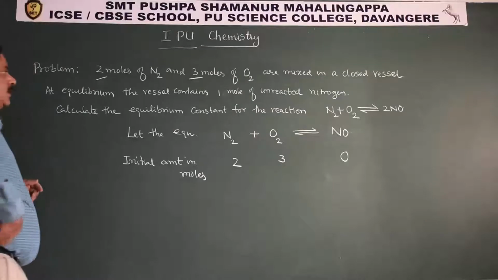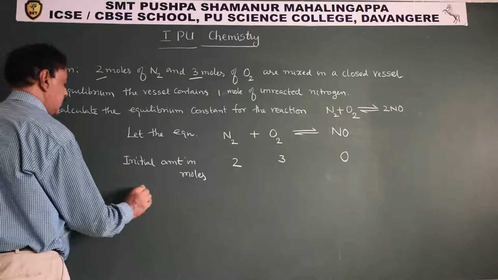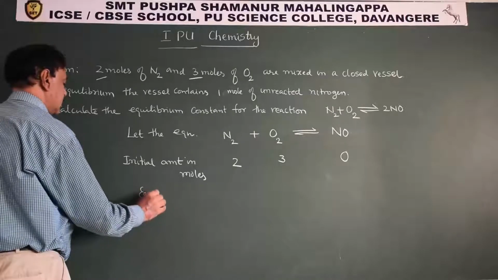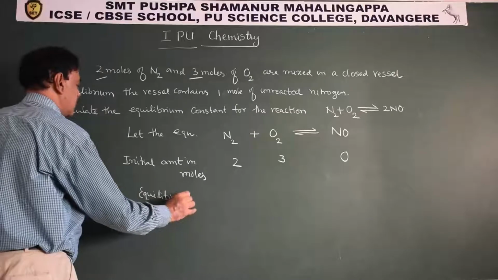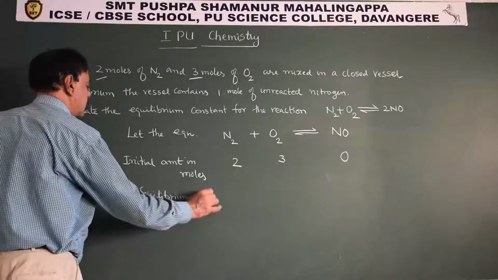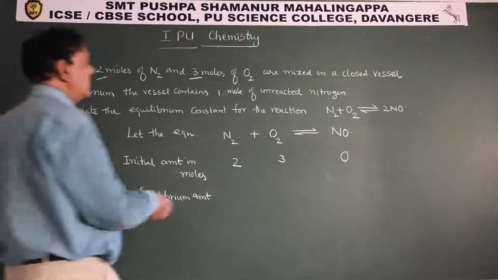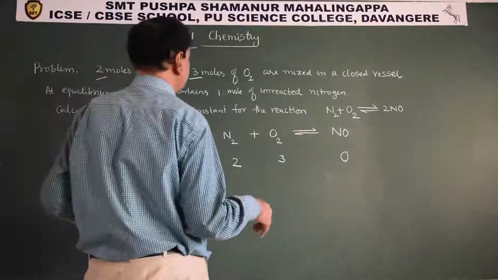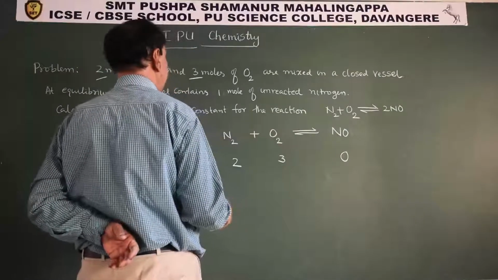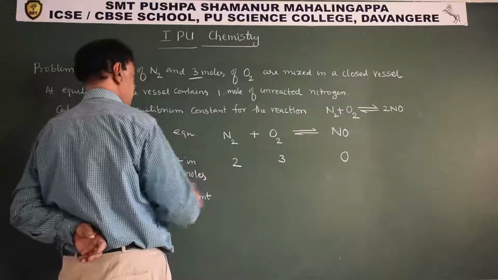At equilibrium, the equilibrium amount is mentioned: the mixture contains 1 mole of unreacted nitrogen.